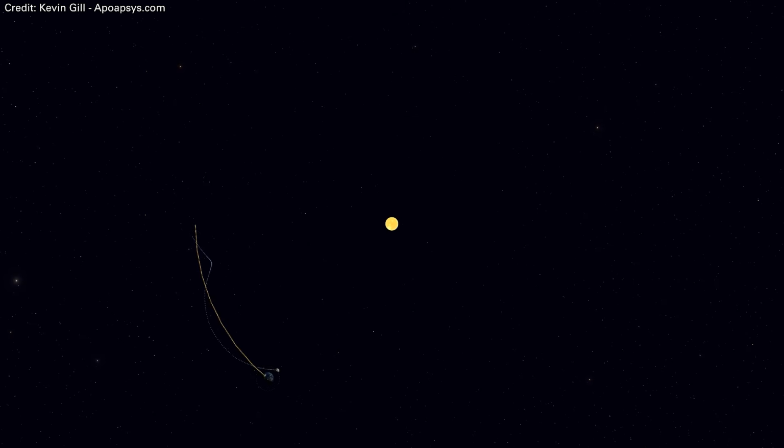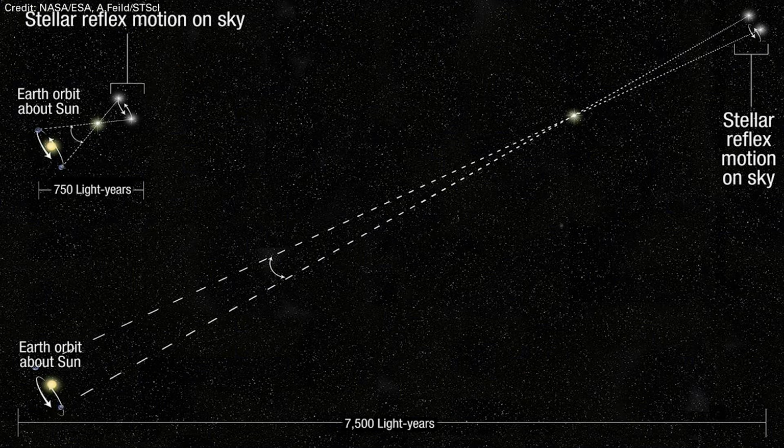You've got the Sun and the Earth on one side, 150 million kilometers between them, and then Gaia orbits all the way around to the other side, another 150 million kilometers. So you've got this triangle that is 150 million kilometers. You can measure the angle to the star, you can measure the parallax, and we can find these things out.